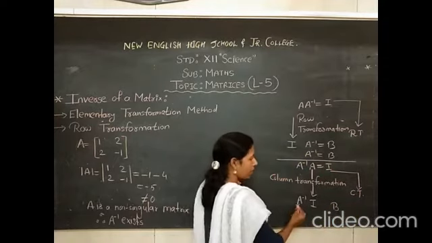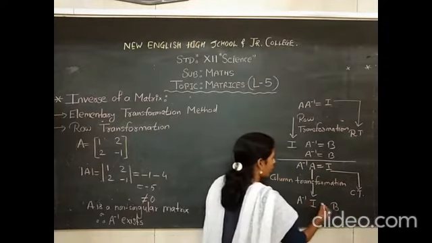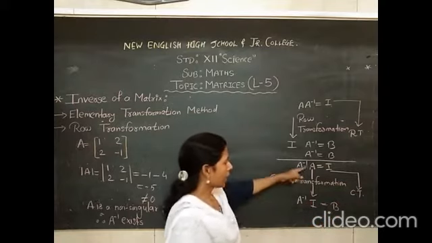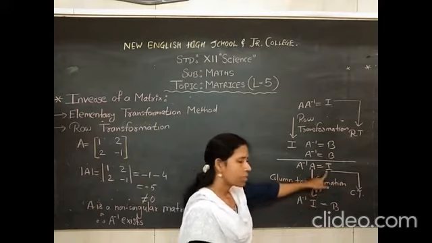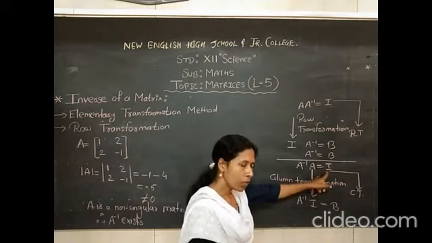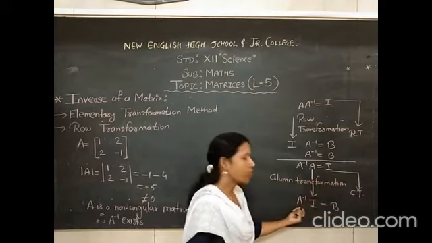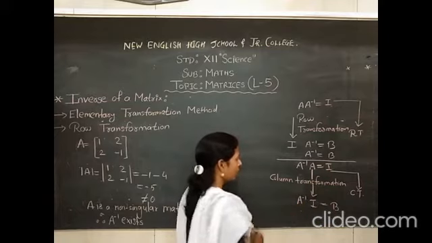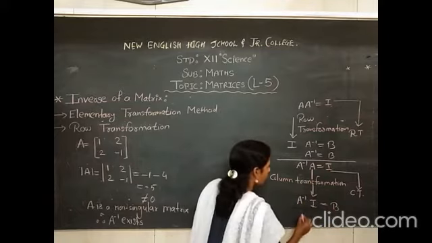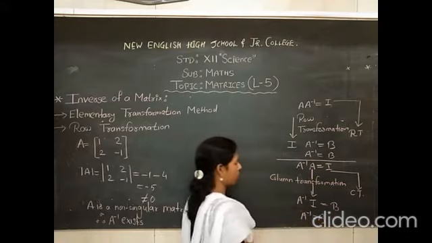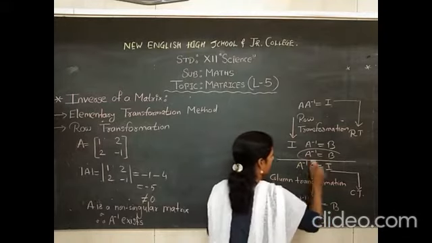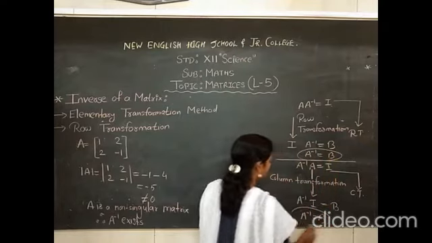Then I can say A inverse into I equals B. A has converted into I, and in place of I we have got the inverse of A, so A inverse equals B. Here A inverse equals B, here also.